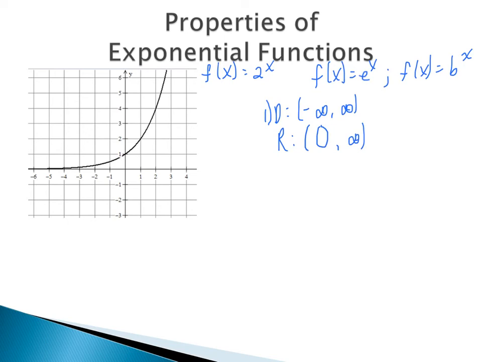It's riding really close to it, because what it has is that y equals 0. It has a horizontal asymptote. So we can draw that in here in order to show that the graph does not cross that horizontal asymptote of y equals 0. Okay, so all exponential functions, as long as it's of that form, f of x equals b to the x, has a horizontal asymptote at y equals 0.